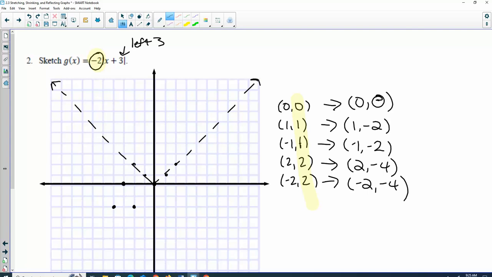And that's enough, but if you did more, you would have 2, -4, left 3, -2, -4, left 3. So we're getting this graph. Is that okay?